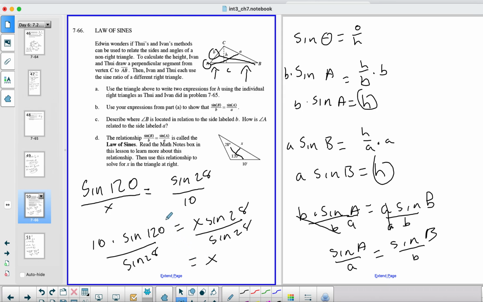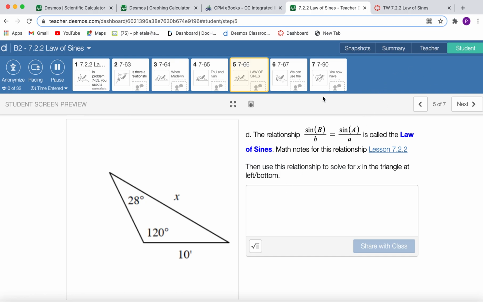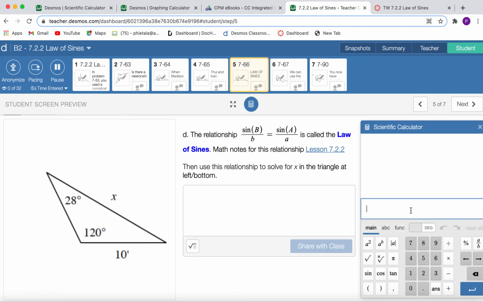And it's always best to type this in all at once. Okay, so 10 times the sine of 120 divided by the sine of 28.